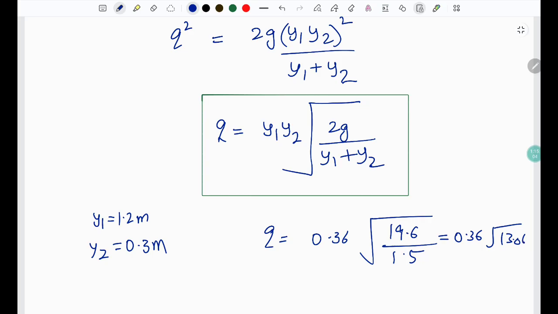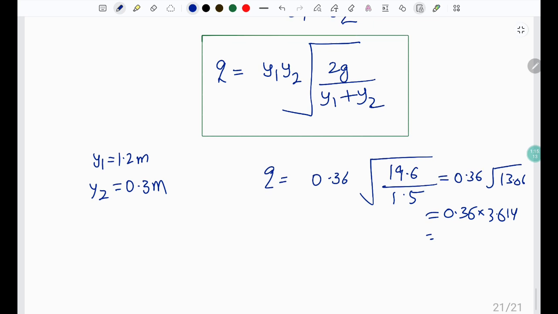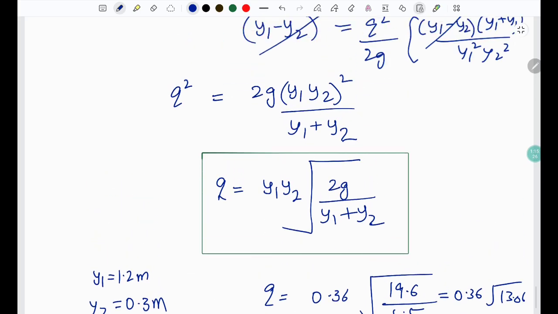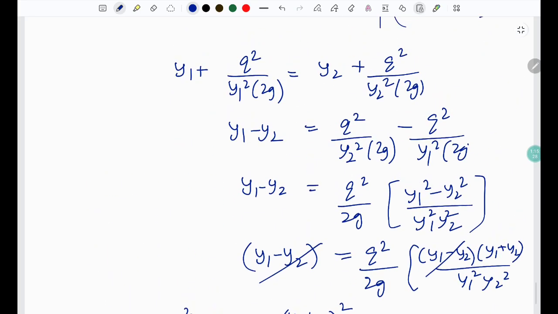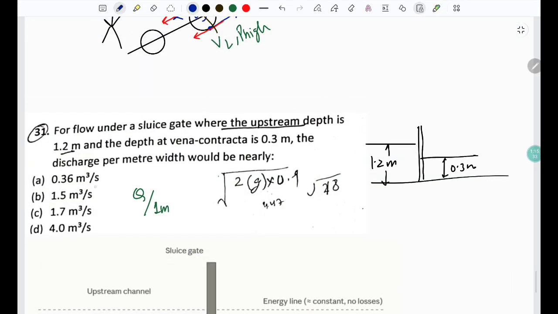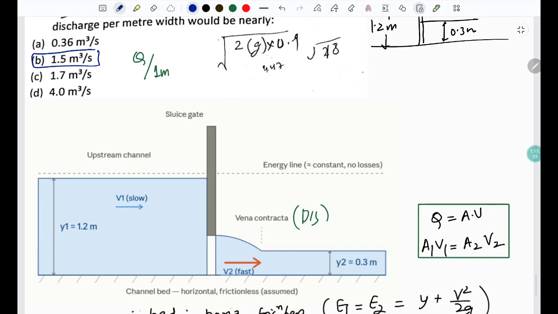If we take the square root, this becomes 0.36 times 3.614 and it gives us roughly 1.30. Therefore, the discharge per unit width becomes 1.30 meter square per second. Hence, since the closest option is 1.5, we'll have to go with 1.5 only.